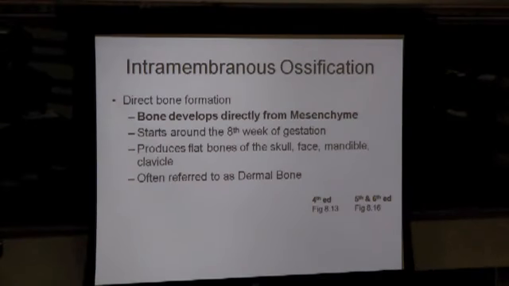So basically, your cranium, cranial bones, facial bones, the mandible, these are the flat bones that are going to be produced by intramembranous ossification. Most of the other bones in your body are going to be produced by endochondral ossification. Okay, so they're generally referred to as the long bones.